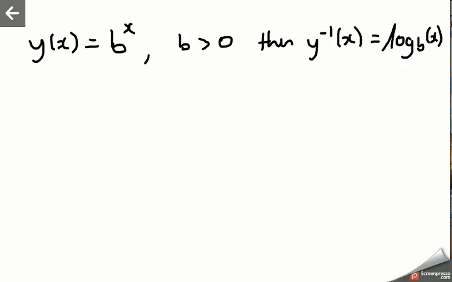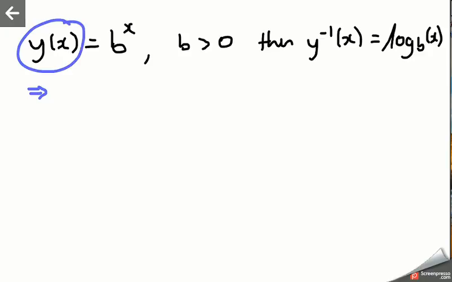And what that means is that if we put b to the power of x inside the logarithm function, we should get x out again, because y inverse of y of x is equal to x again.